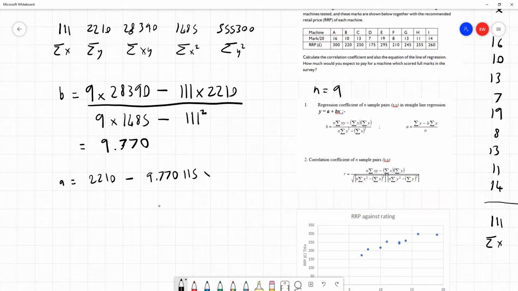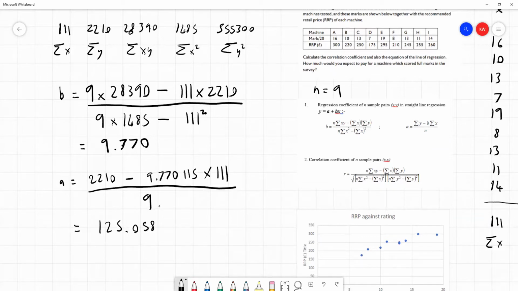Multiply that by the sum of all of the x's, which is 111, and that's all divided by n, our number of data points. Using the calculator value for B and doing that calculation, what comes out is 125.058 to 3 decimal places. So that's our values for A and B.